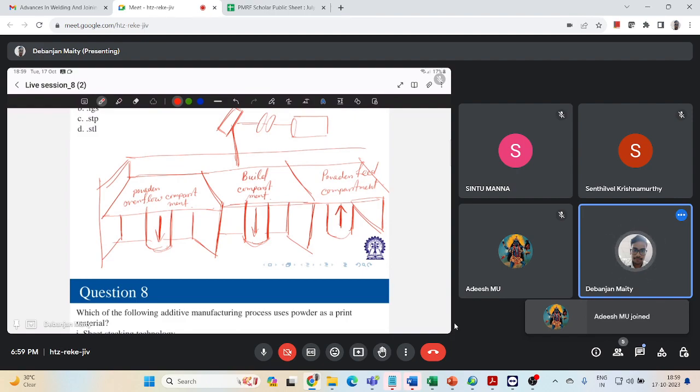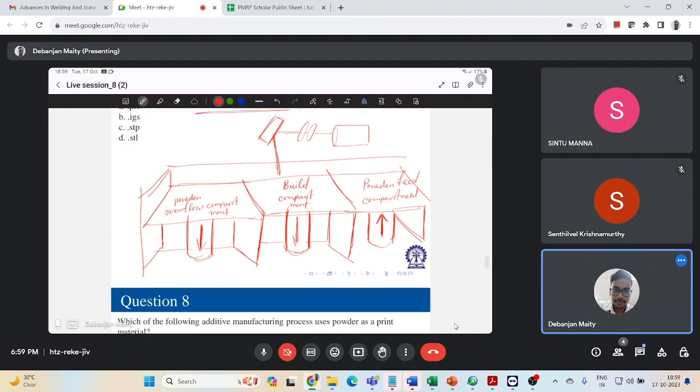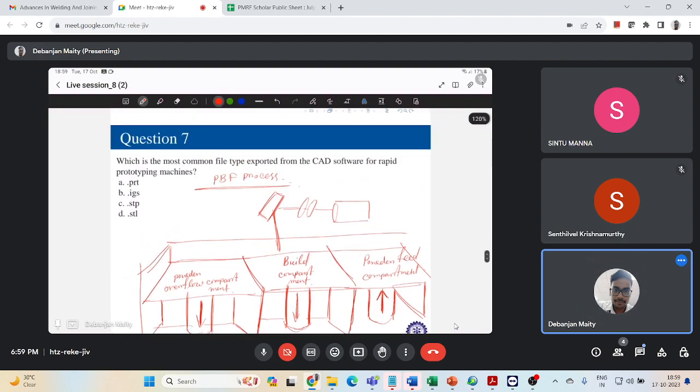And the build platform provides the necessary mechanical and thermal stability for the build, which will increase the quality of the printed part, of course. So this is something on powder bed fusion.